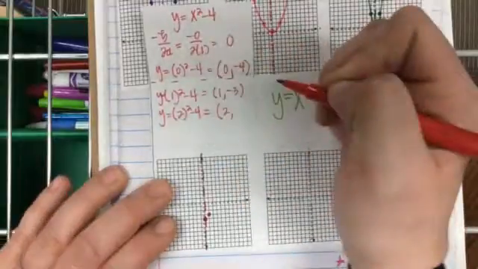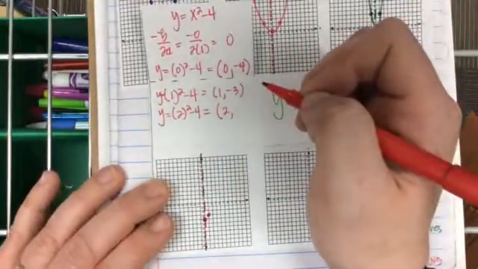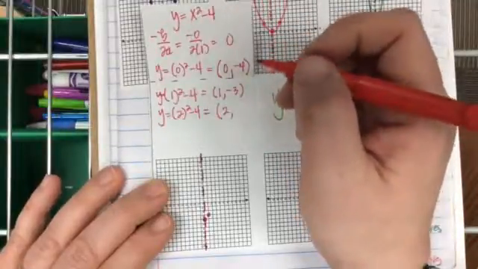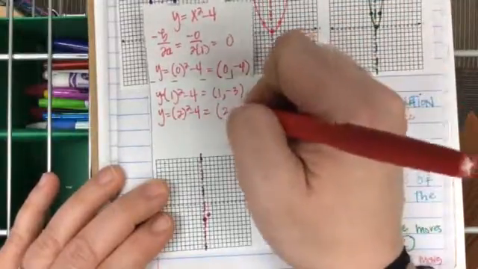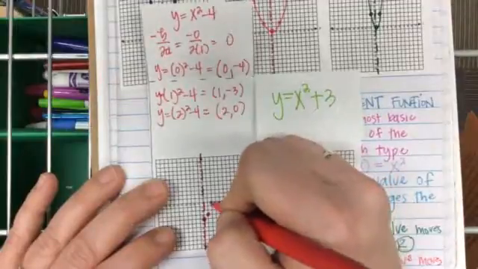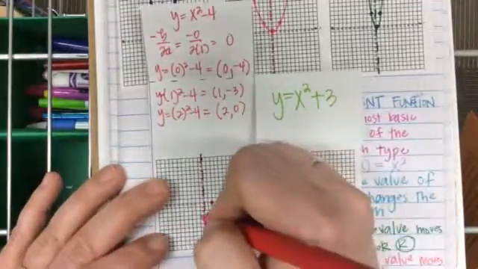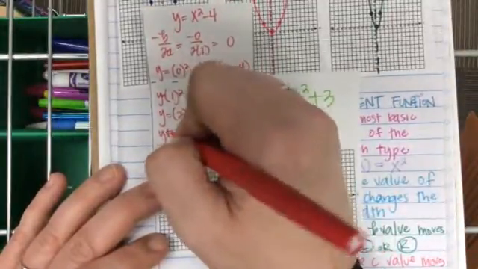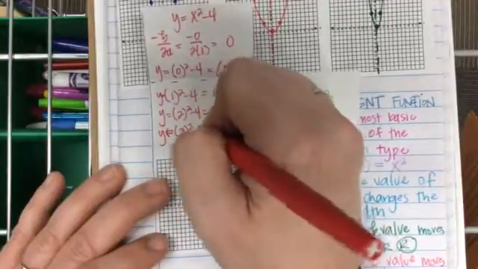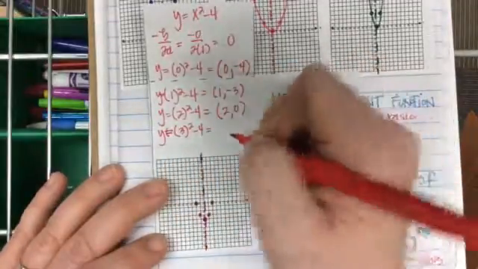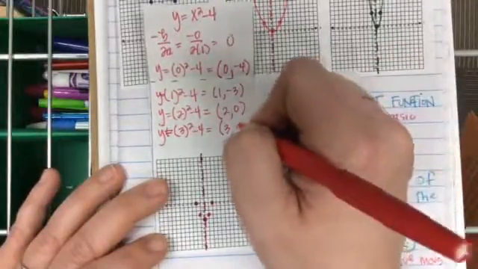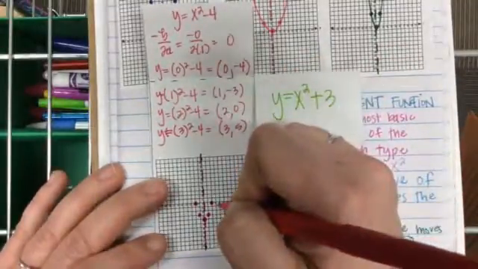So 2 times 2 is 4. Minus 4 is 0. So 2, 0. And reflect and connect. Those of you that are perfectionists out there in the world, you can do another ordered pair to make it more beautiful. 9 minus 4 is 5, so 3, 5.